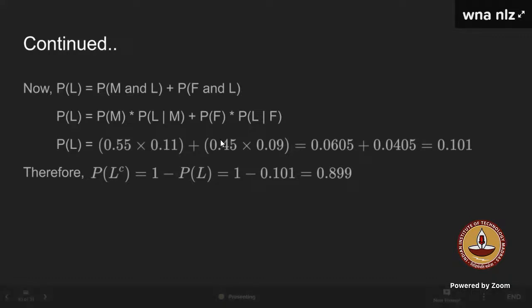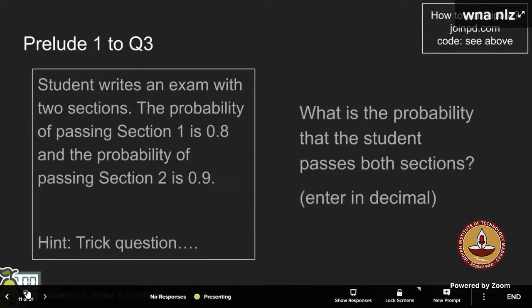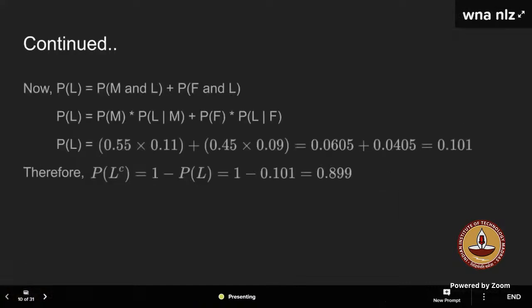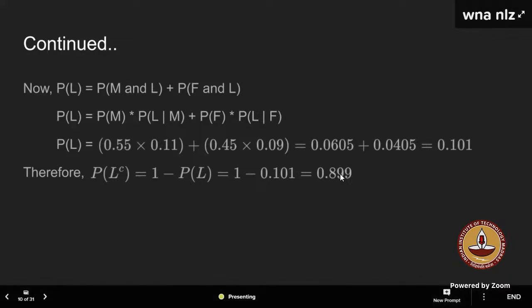Yes, sir. Okay. Sir, my answer is only 0.8, not 0.899. So it is correct. See, it depends on the question. You have to be very careful in exams. It would be properly mentioned whether you have to write it to 2 decimal places or 3 decimal places.